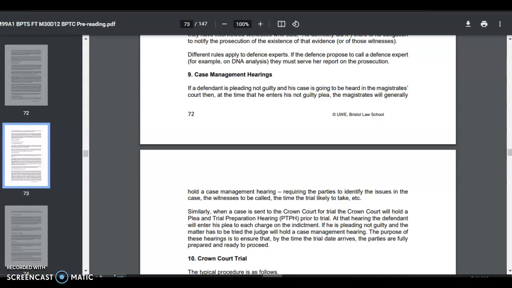The purpose of these hearings is to ensure that by the time the trial arrives, the parties are fully prepared and ready to proceed and the time of the court does not get wasted and everything happens in the best possible manner, in the most efficient and effective way, so that justice be done as early as possible.